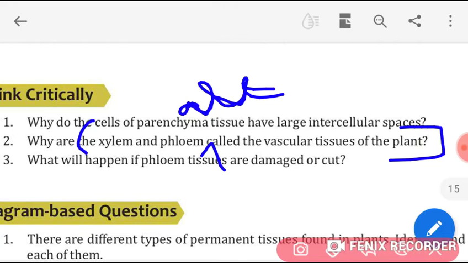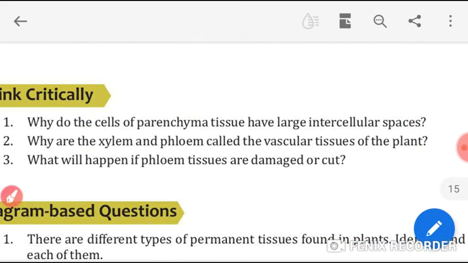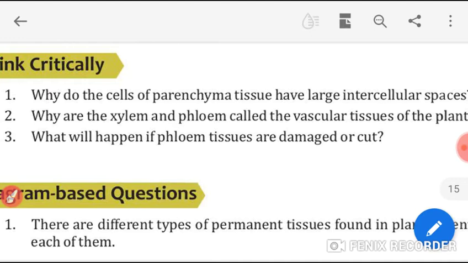Okay, students. Now come to your question number 3. What will happen if phloem tissues are damaged or cut off? So students, write here from the question.